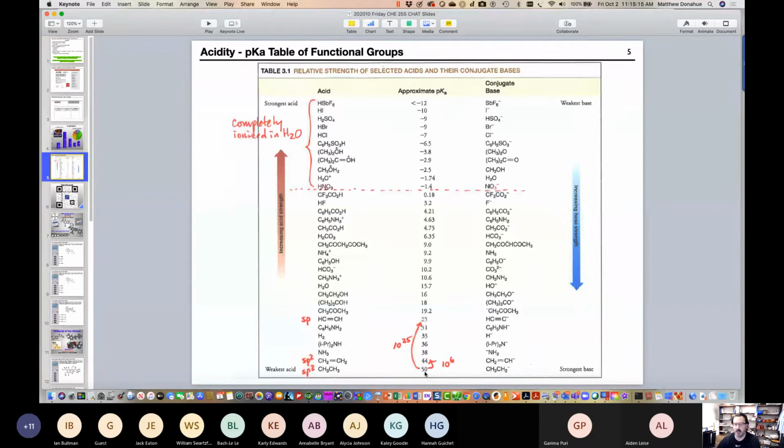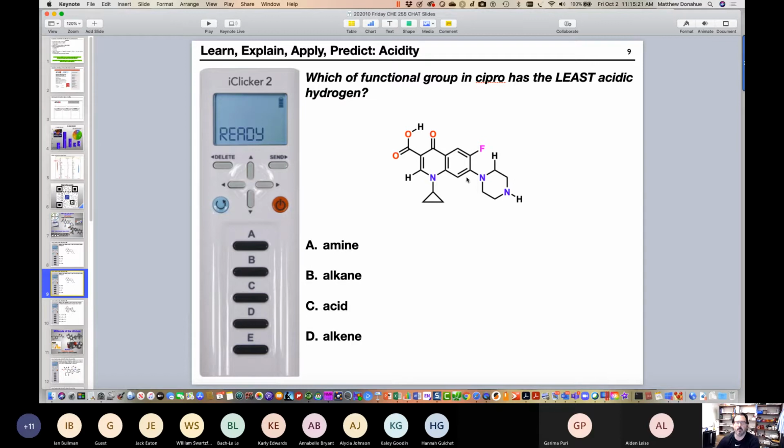So you see it's at about 50. So what does that really mean? We'll learn about this when we're ranking things from most to least acidic. If something's very acidic, that means you can use a weak base to remove the hydrogen or the proton.